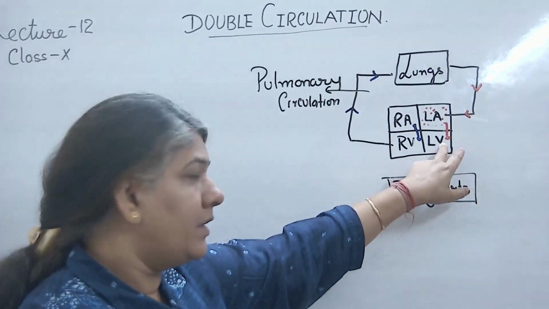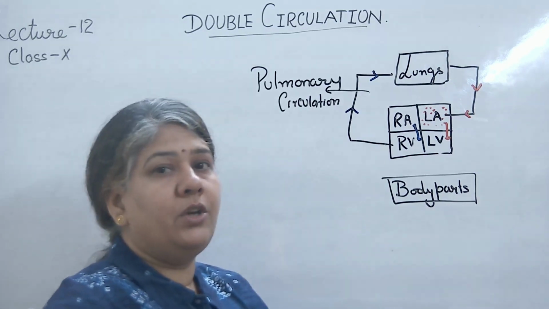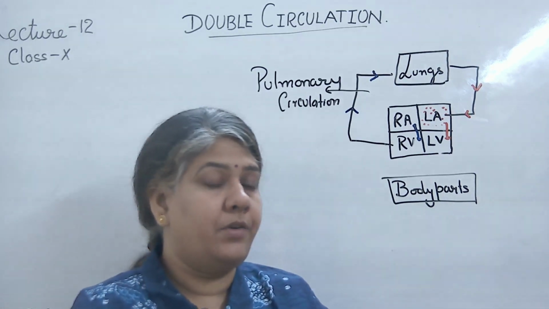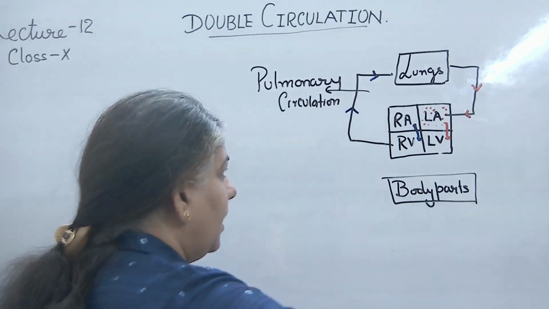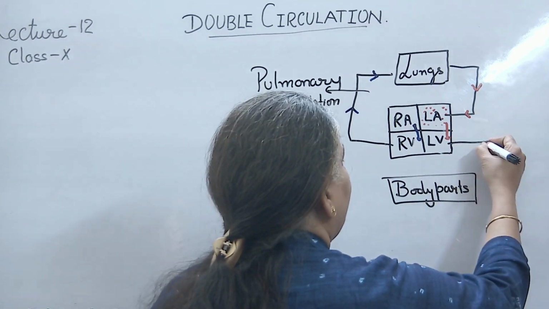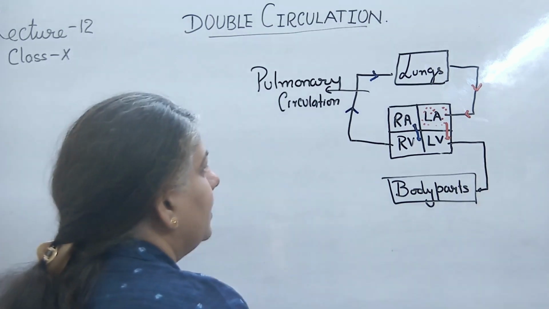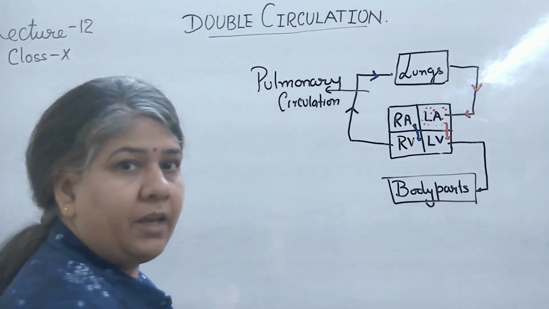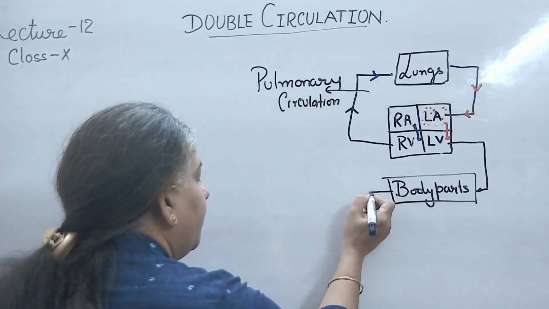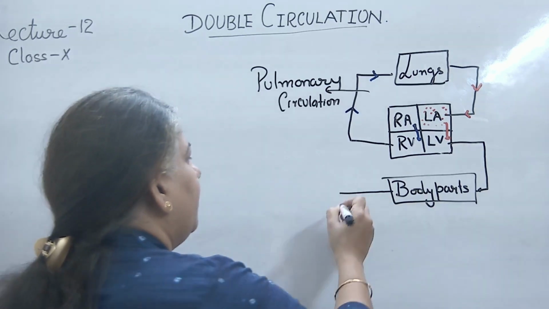Once it has received the blood, it will pump the blood or throw out the blood into the aorta, which is the largest artery. So aorta will carry this blood to all body parts, where diffusion will take place.